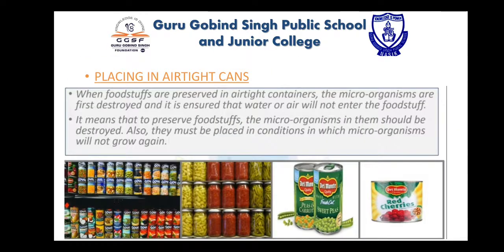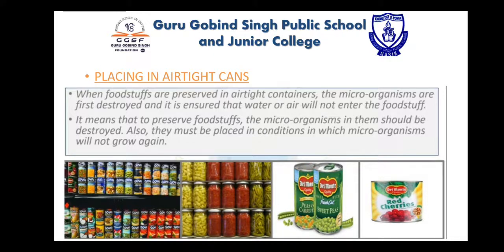Then next method is placing in airtight cans. When foodstuffs are preserved in airtight containers, the microorganisms are first destroyed and it is ensured that water or air will not enter the foodstuffs.